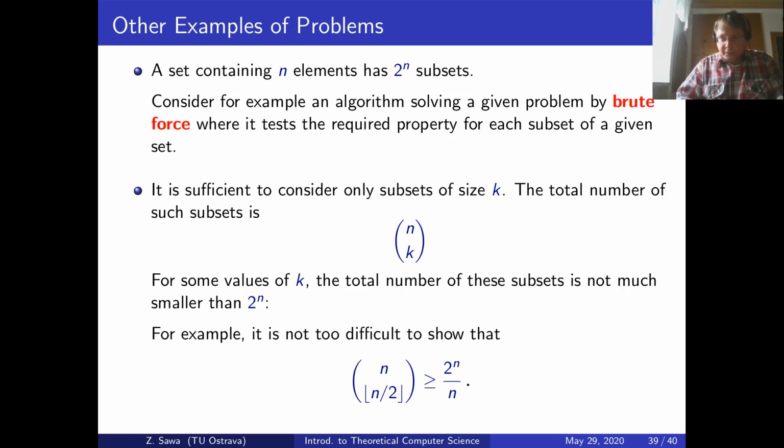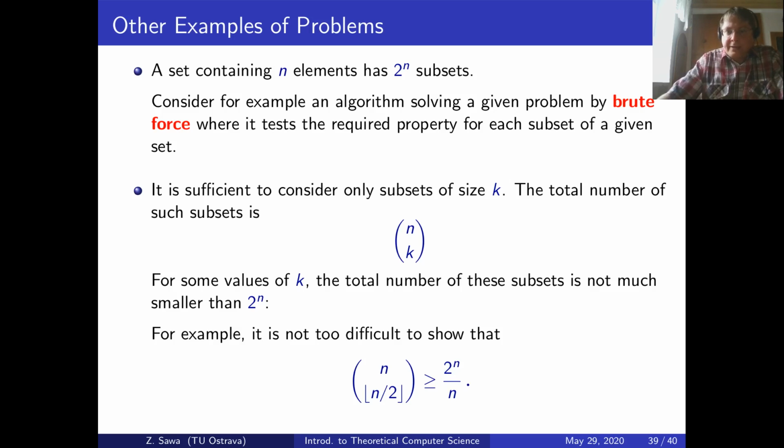For each subset we would just check all edges, and check whether there is some connected pair of nodes in the given subset or not. Whenever we find some subset of size k which is independent, we end with answer yes, and if we check all of them and none of them is independent, we return answer no, that does not exist. So this is a trivial algorithm.